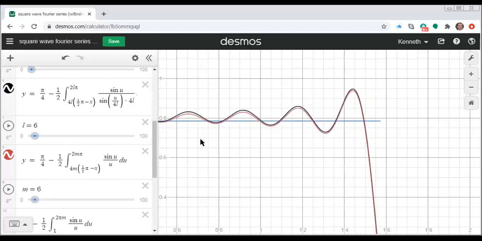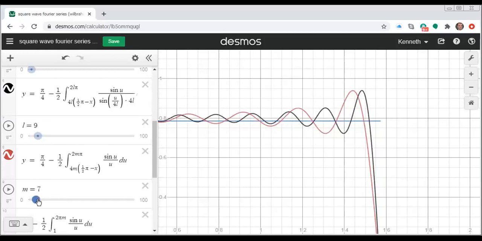And look, they're getting even closer. So as n increases, as you add more terms, these integrals appear to be getting closer and closer, right?